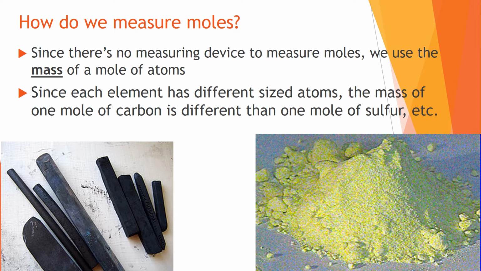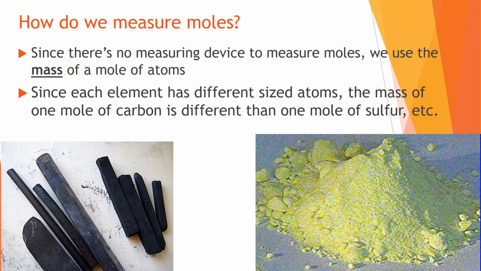Now, why doesn't a mole of every element weigh the same? Well, because atoms are bigger or smaller. As you know, the larger the number on the periodic table, the more protons and neutrons it has. One atom of hydrogen has one proton, one neutron, one electron. But take the biggest one on the periodic table, let's say lead.